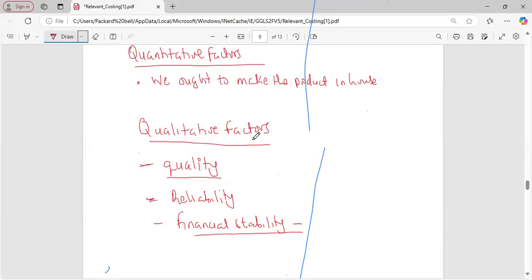So when you are answering your question, expect qualitative and quantitative. But in management accounting, we focus more on quantitative, even though we look at the qualitative, but our more emphasis will be on quantitative first.